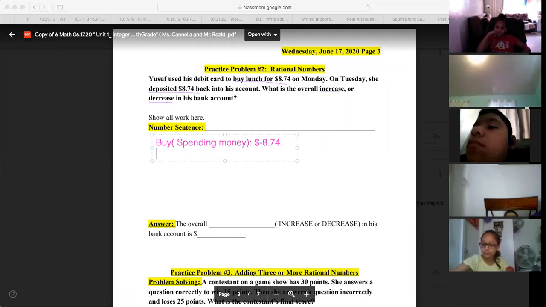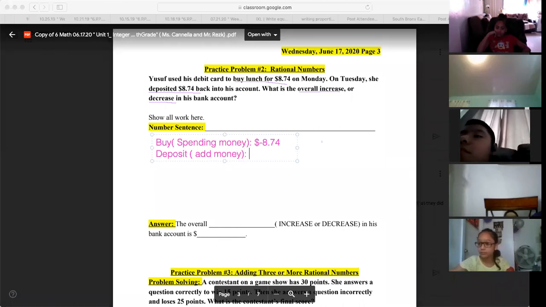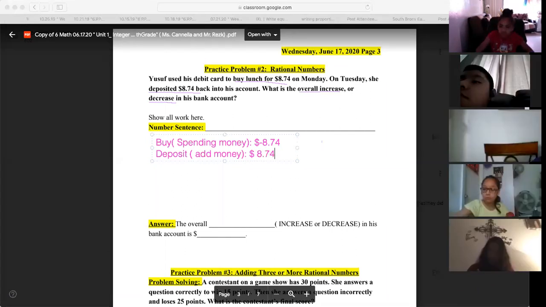Now, Esther, if you deposit money, which means add money into the account or on the card, is it positive or negative? Positive. Excellent. So now, what should the number sentence look like? It should be negative 8.74 plus positive $8.74.